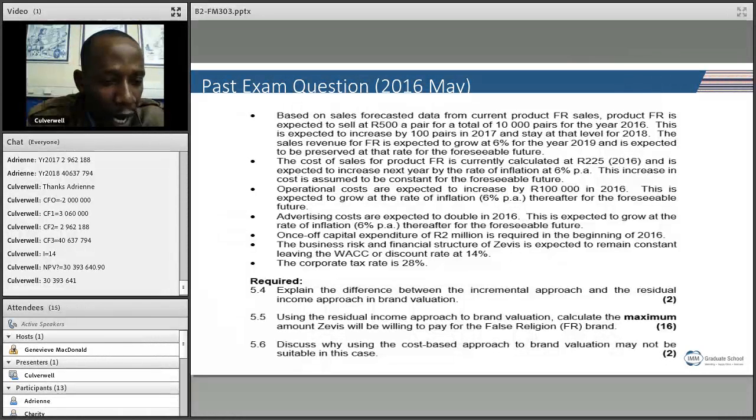Can we kindly confirm this calculation? Just to see if you're following on the calculation of NPV. It was going to give you the NPV of 30,393,641, which is the NPV for the entire company.